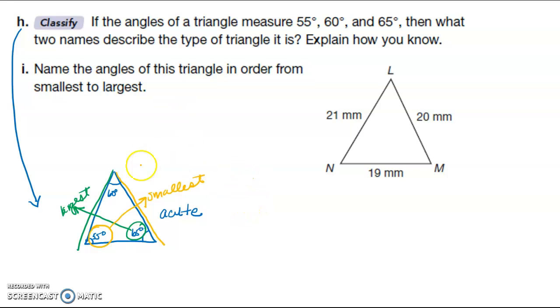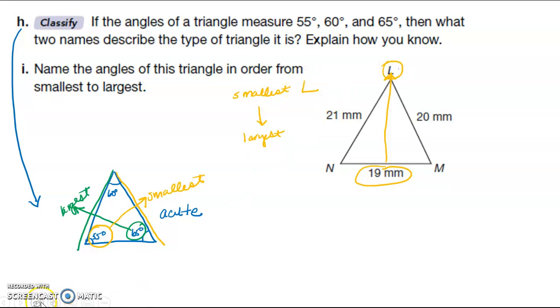Okay, there's a little bit more information about that. It says, name the angles of this triangle in order from smallest to largest. So we want to go smallest to largest. The smallest is this side. So if I go from this side straight to the angle, L is the smallest angle.